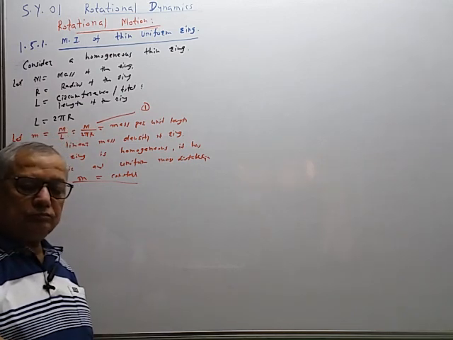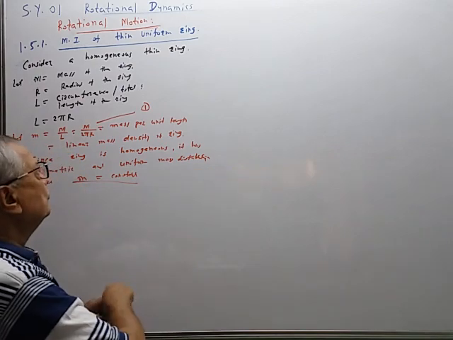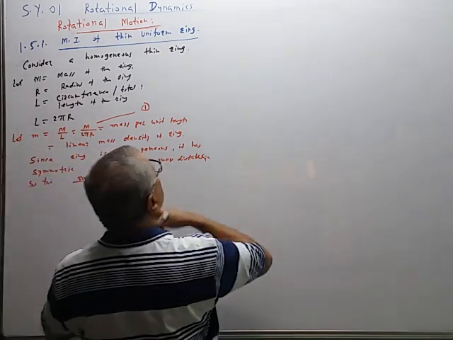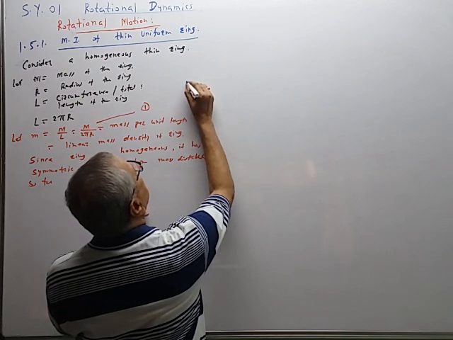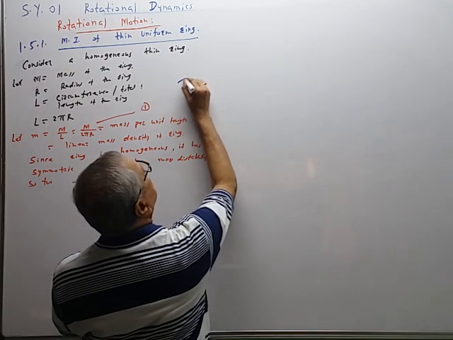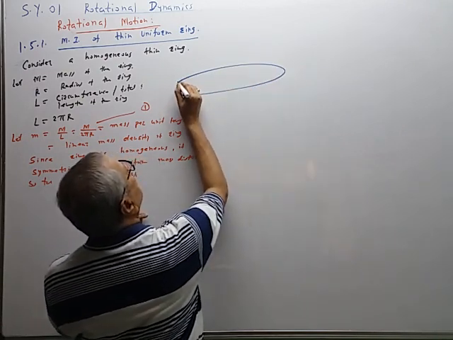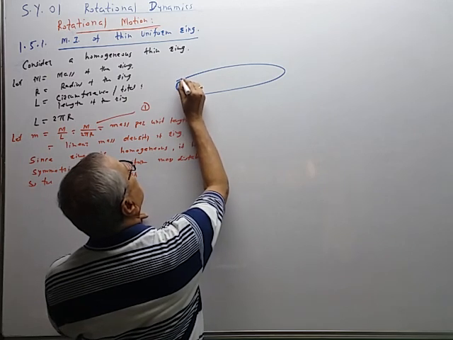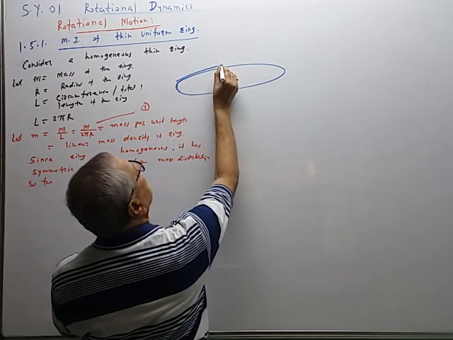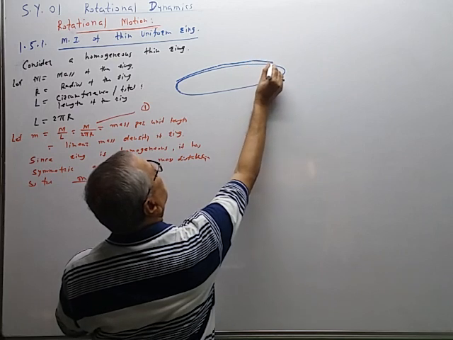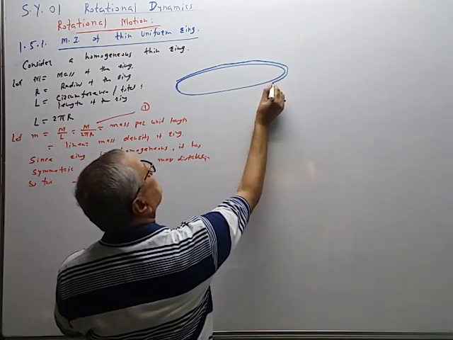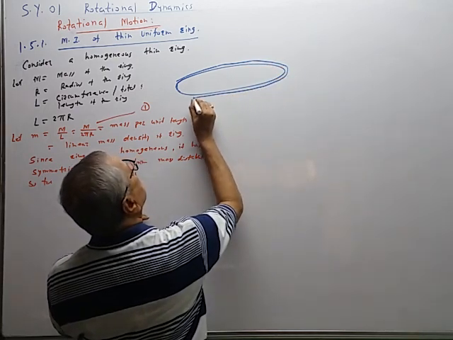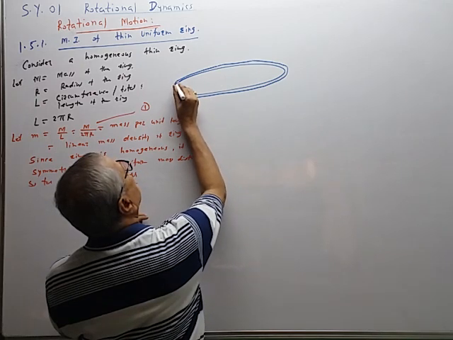Now we will consider the ring like this. The ring is shown like this. This is a thin uniform ring. This is the thickness. Like this.